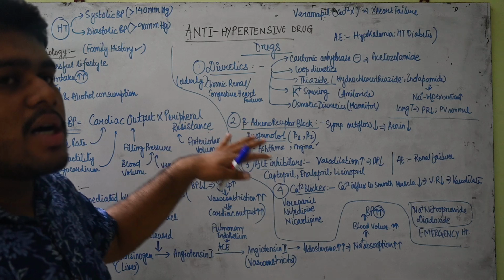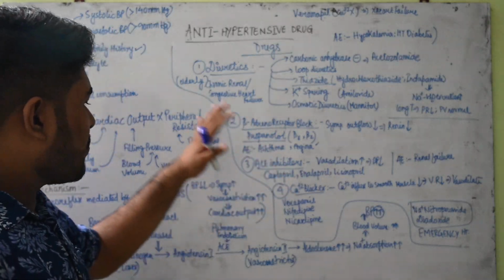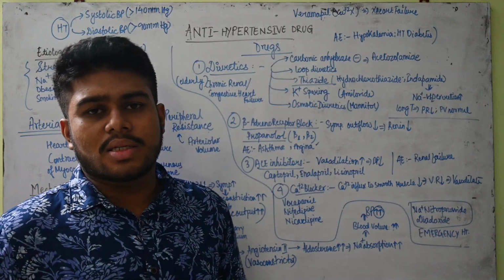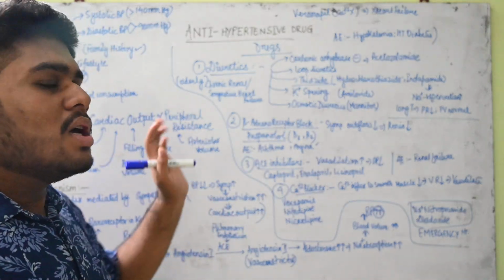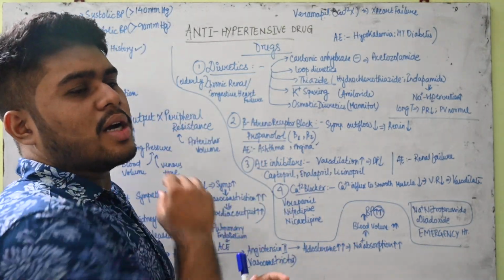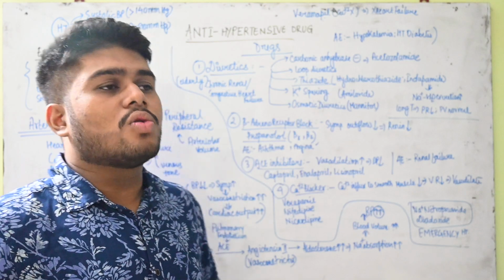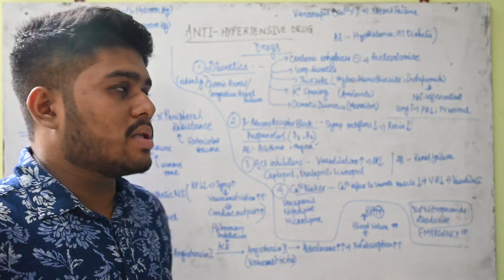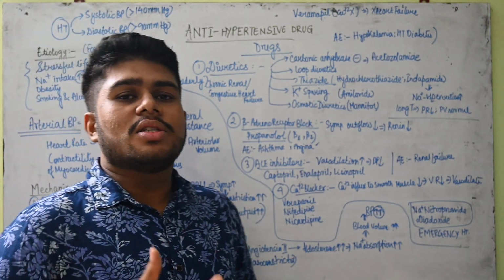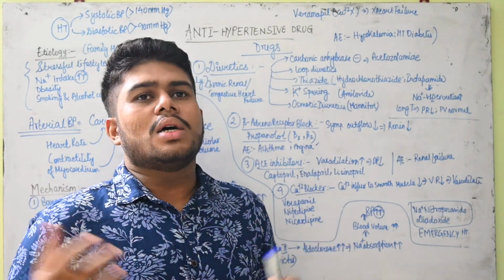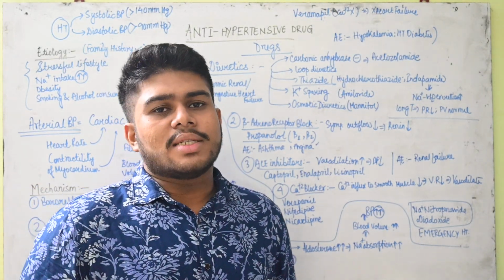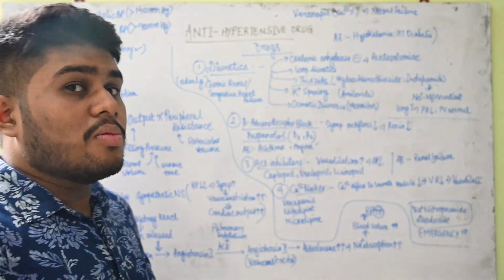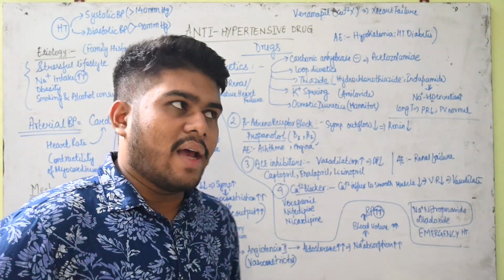All these drugs have an impact on this system only, the RAAS system and the baroreflexes. So all these drugs will work so that the blood pressure can be decreased, because hypertension is a very common type of disorder that is happening in each and every household, mostly because of the stressful lifestyle.